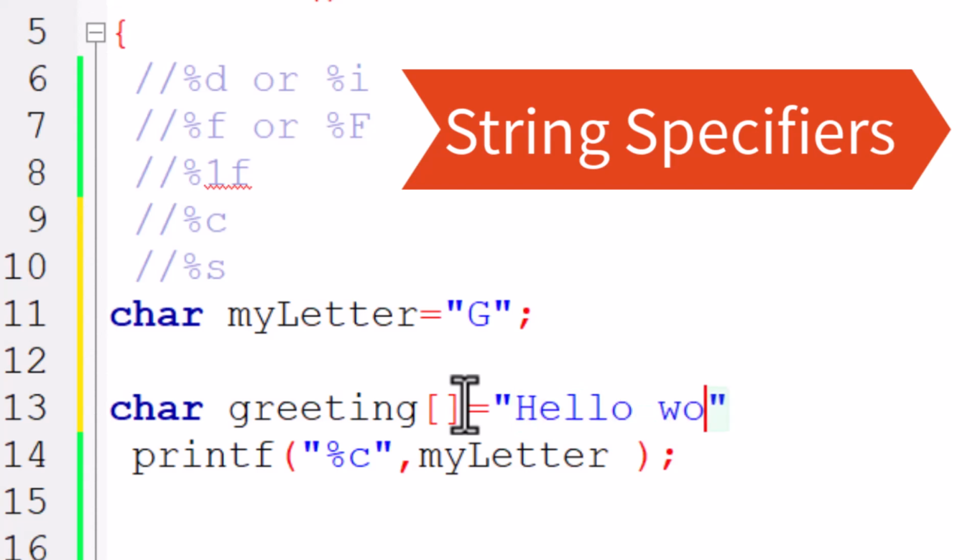Hello wolf. And as you can see, hello wolf is a string. So the single c actually stands for one letter, a character, but s stands for strings. So if you have to print out these strings, you have to change this to s, just like that.